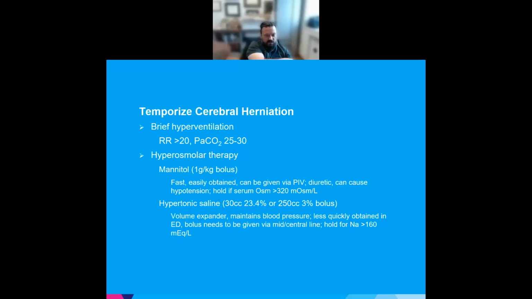Our preferred method is hypertonic saline. The issue with hypertonic saline is it often needs to be given through a midline or a central line. It can be given through an intraosseous line if that's been placed, and we are changing the protocols and policies at the hospital so that we can give it more readily through a peripheral IV. Realistically, if you need to give it through a peripheral IV, give it through a peripheral IV.